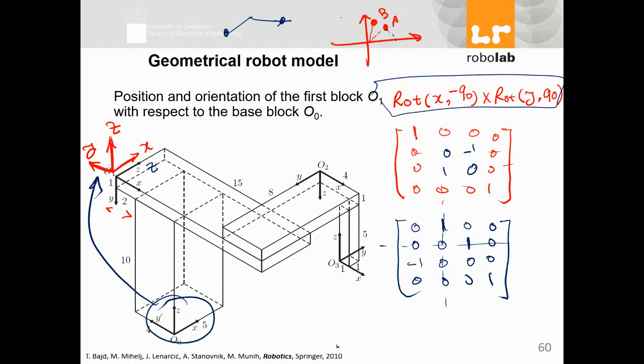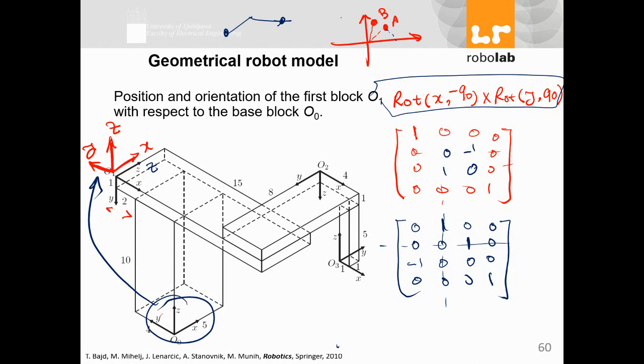The linear movement is straightforward. Based on the dimensions we see here, we can figure out in what direction and how far to go to move from O0 to O1. For rotation, however, we found it is slightly tricky, but we can do it.